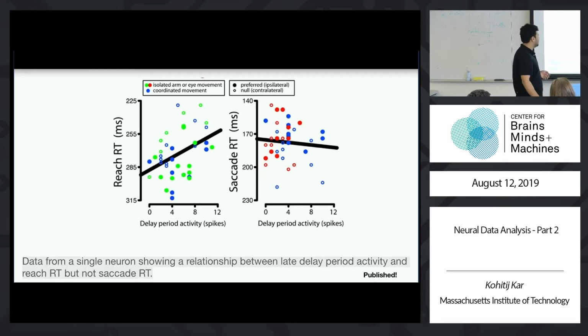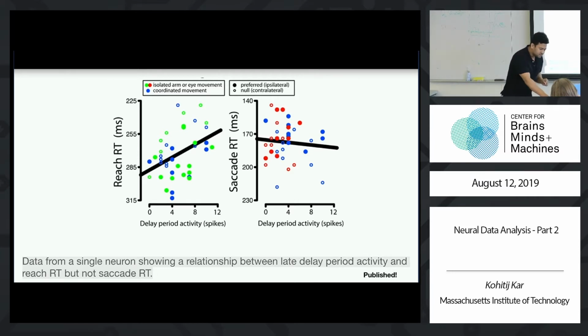Another example is here: delay period activity and saccade reaction time. There is no correlation on the right side. However, if I told you that the saccade reaction time measurements were done on a faulty eye tracker, then you would not believe that data. You would say that data doesn't mean anything, because it was so noisy that I couldn't even estimate saccade reaction time.